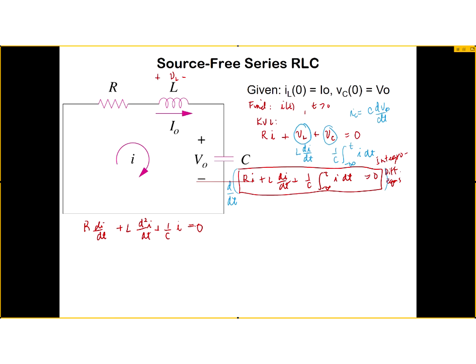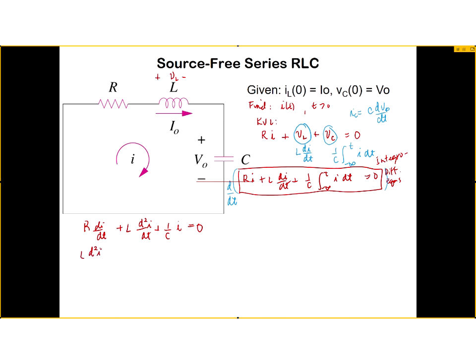What makes this linear? There is no product of I with itself or with its derivative. Right? You don't see dI/dt times I or dI/dt squared times I and so on and so forth. So it's linear, homogeneous second order, and also it's constant coefficient. Right? The coefficients of the terms are constant.